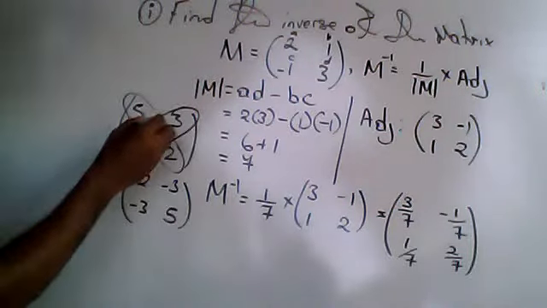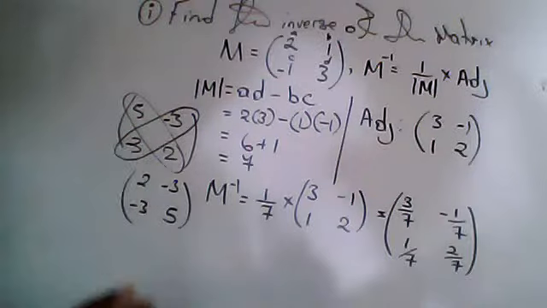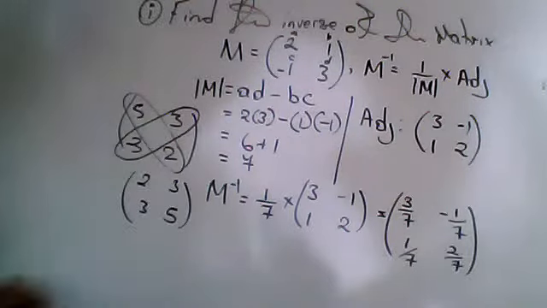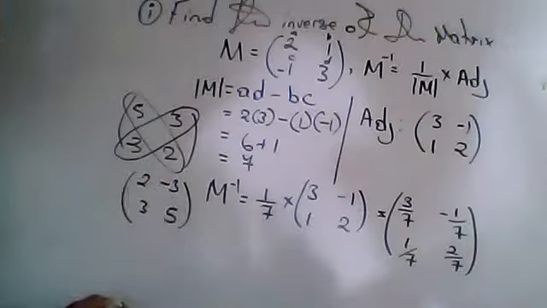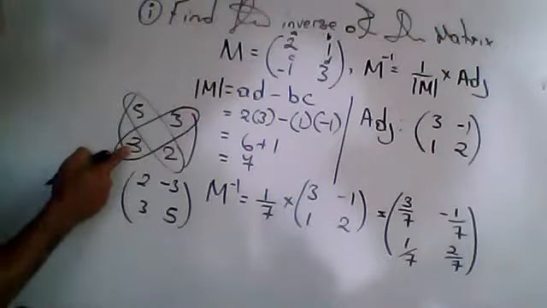What if they were both negative? I would have to change both of them to positive. What if the one at the top was positive and the one at the bottom was negative? I would have to change the one at the top to negative, and the one at the bottom to positive.